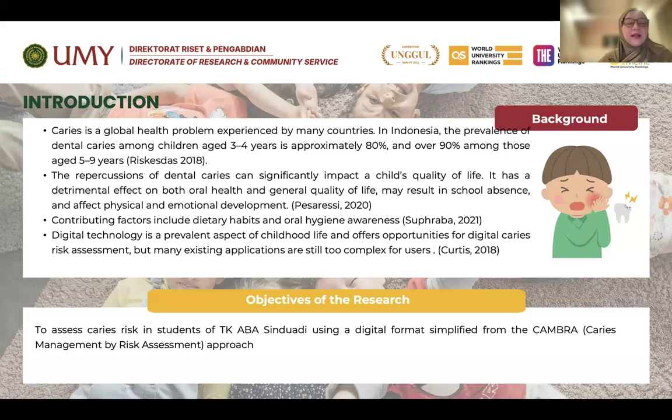We designed a digital caries risk assessment tool not only to categorize children's caries risk into low, moderate, or high, but also to identify the specific individual factors contributing to the caries. Our tool is based on the validated Canberra framework, a kind of caries management by risk assessment, but we modified it into child-friendly interview images and digital storytelling.